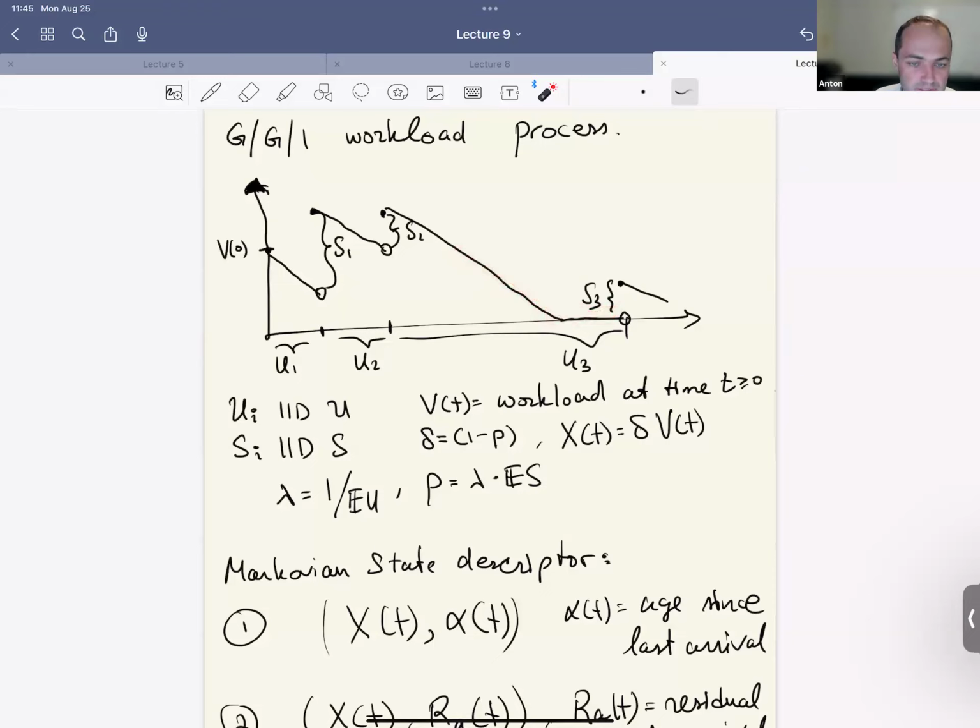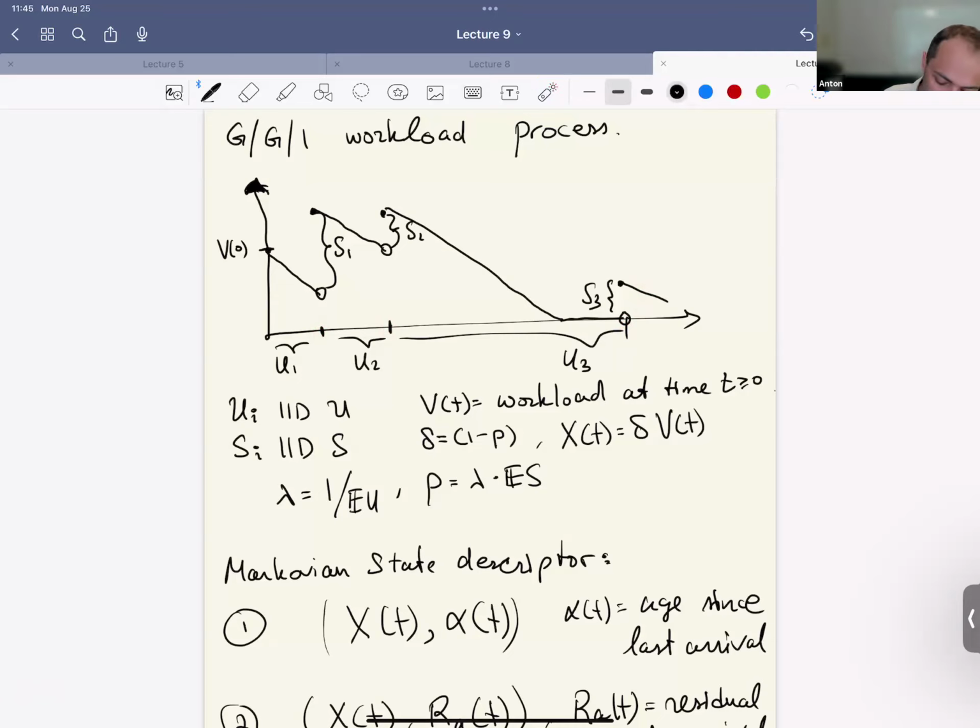In fact, it's deterministic until the next arrival. The next arrival happens at this instant. It introduces some work into the system. The amount of work introduced is random. It's a random variable, right? So if I ignore the arrival events, my process is deterministic.